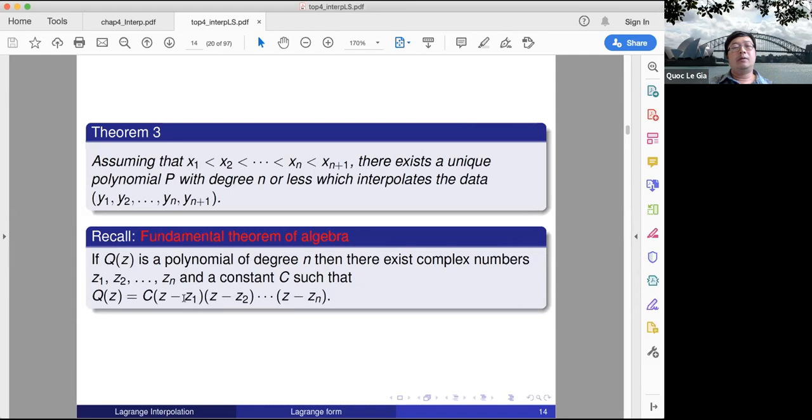Remember, suppose you have a quadratic, then you can write it in terms of z minus the first root times z minus the second root. Remember, it's a complex number, so you can handle the case that the discriminant is negative as well. And it's true for any polynomial of degree n. So it's the fundamental theorem of algebra. Have you seen this before? I assume that you do, right? Otherwise, we will see this again.